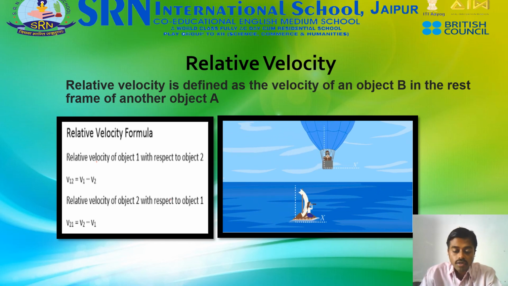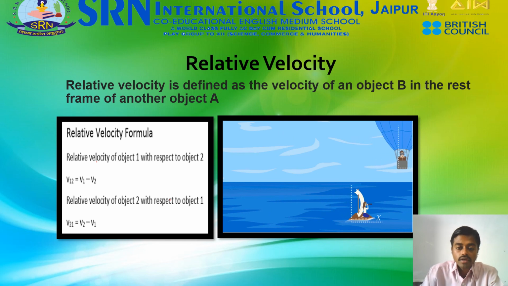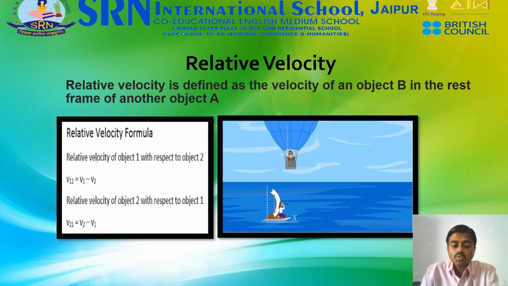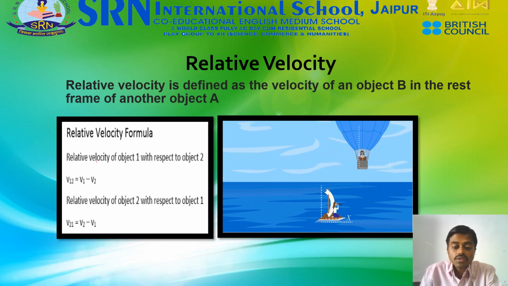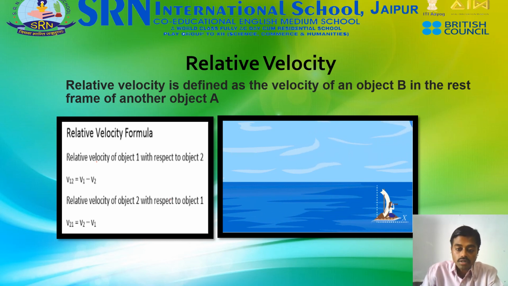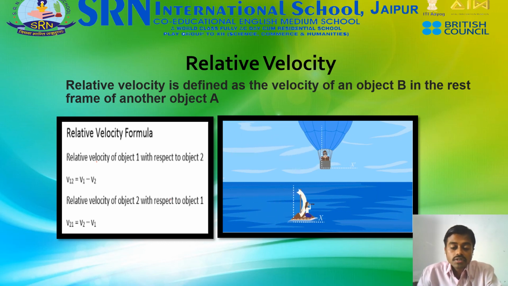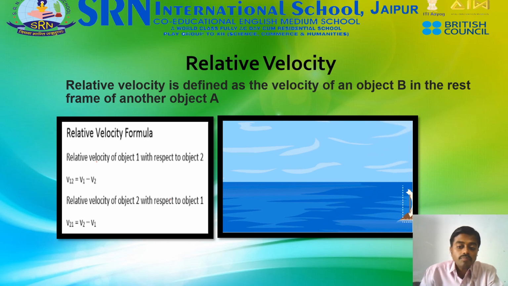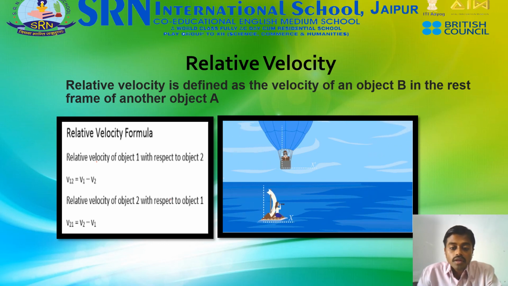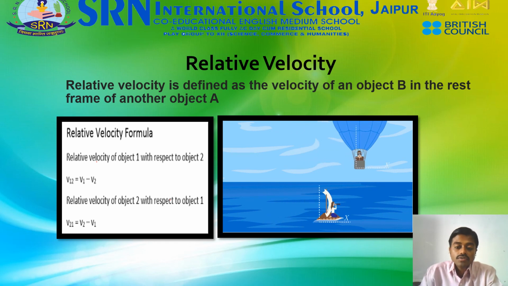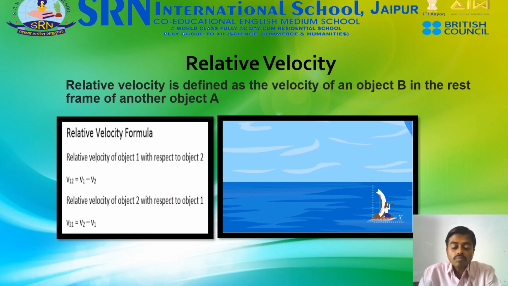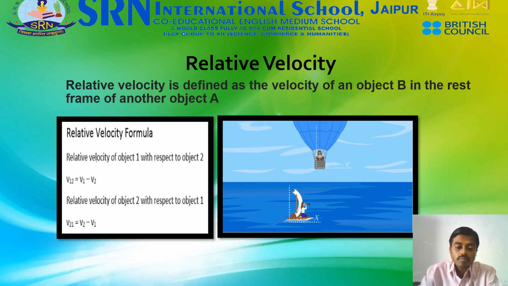Suppose that when you are observing at rest, the velocity of the balloon is 20 meter per second and the velocity of the boat is 10 meter per second. But if you are on the balloon, you will think that the boat is coming at a velocity of only 10 meter per second, which is the difference between the velocity of the balloon and the boat.